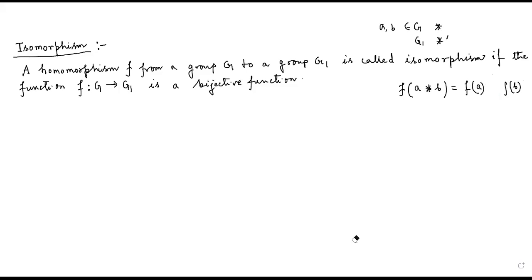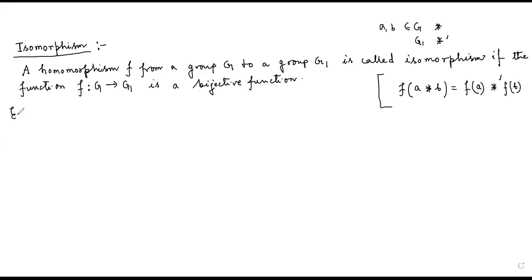Okay, not star, star prime. So that was the definition of homomorphism between two groups. Now, along with this, we need to check whether the function is one-to-one and onto. If all the three properties are satisfied, we call this function an isomorphism.